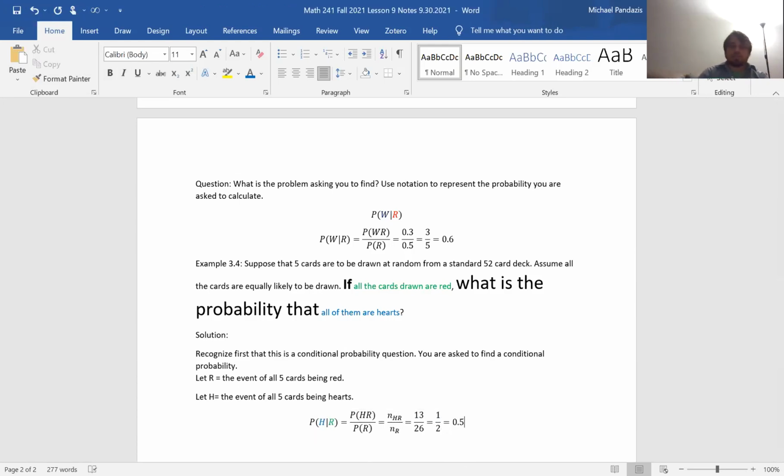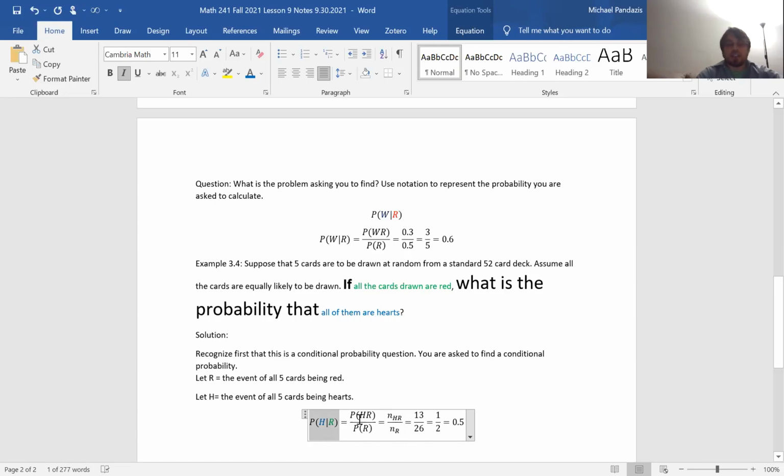That makes sense? The hardest part of the problem is just finding what probability you're asked to calculate, right? Answering the question, what is the problem asking you to find? It's asking you to find this. Once you realize that, then it's better if you understand it.